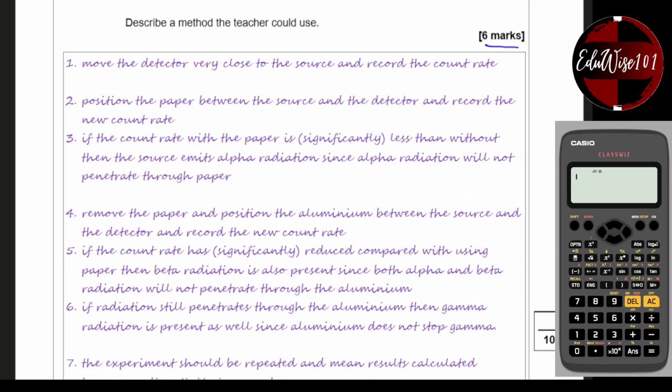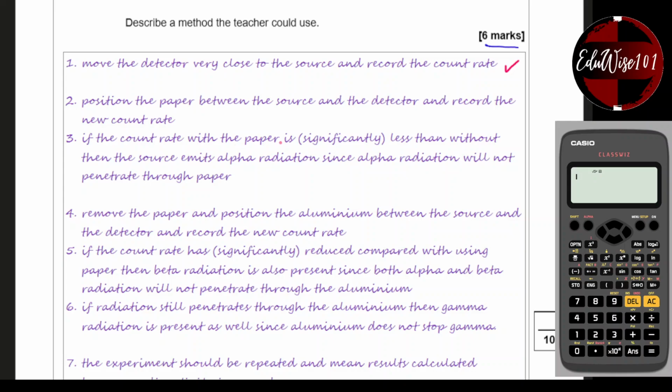First point, move the detector very close to the source and record the count rate. That should give you 1 mark. That's the first step. Then position the paper between the source and the detector and record the count rate.